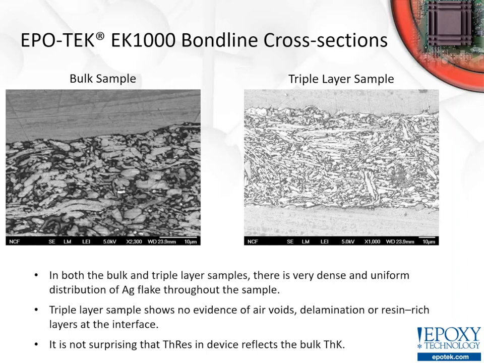Along the edges, there were no large air gaps, no delaminations, no high resin-rich layers, and a nice smooth cut, meaning that there wasn't residual uncured material in the bond line that would affect its bulk thermal conductivity. Here, not surprisingly, thermal resistance in device reflected the bulk thermal conductivity.